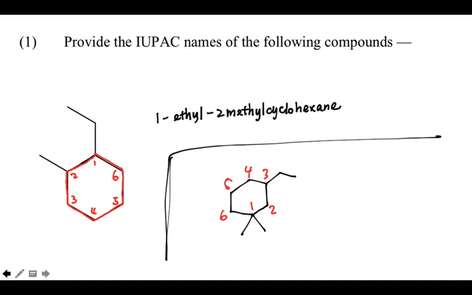It would be 3-ethyl, because you put it in the alphabetical way. So it would be 3-ethyl-1,1-dimethylcyclohexane, right? See that? And so the 1,1-dimethyl beats having 1-ethyl, 3,3-dimethyl, right? Does that make sense?